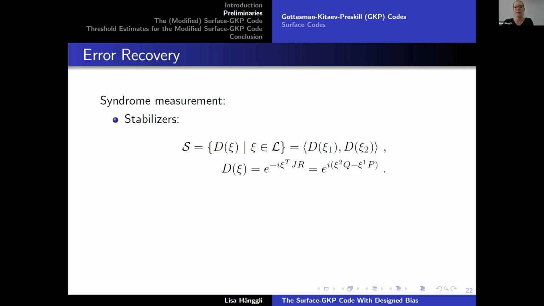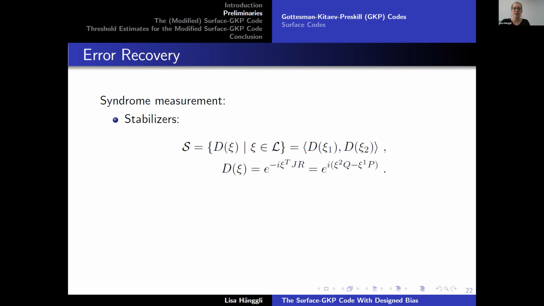Now, the error recovery we consider here proceeds as usual by first measuring the syndrome and then applying a unitary correction operation according to the syndrome. The syndrome one gets by measuring the stabilizer generators, which are, as we recall, the displacements with respect to the lattice generating vectors.